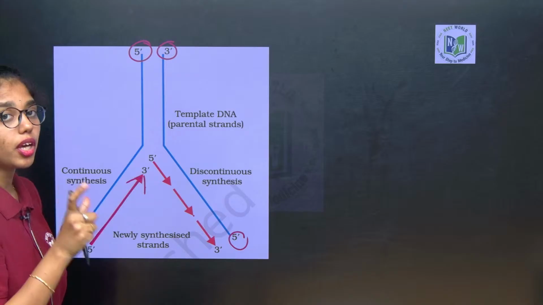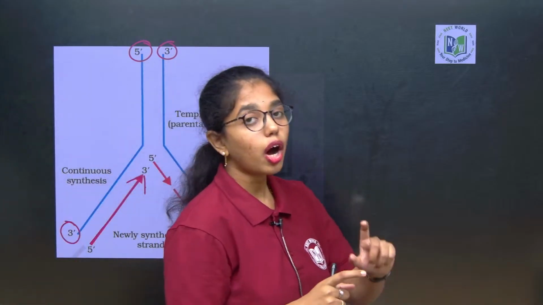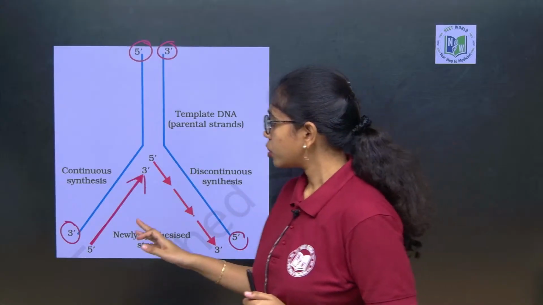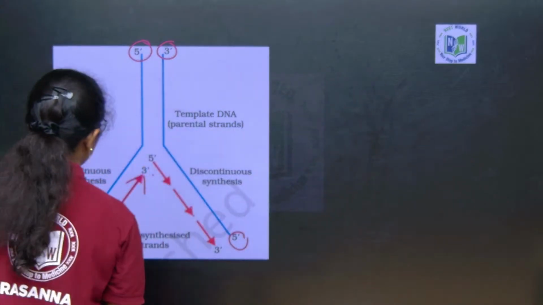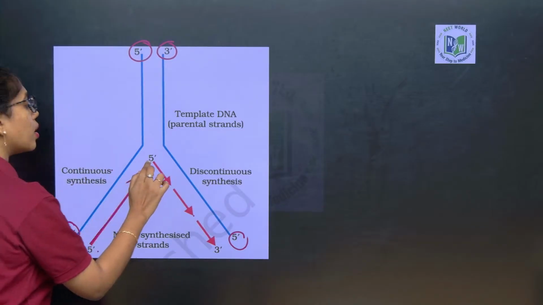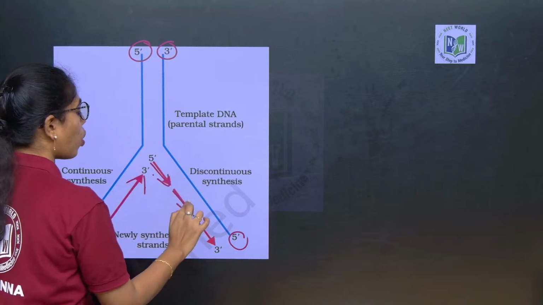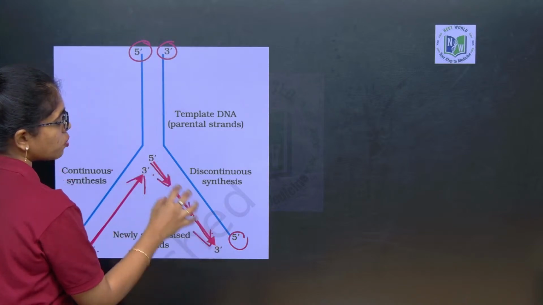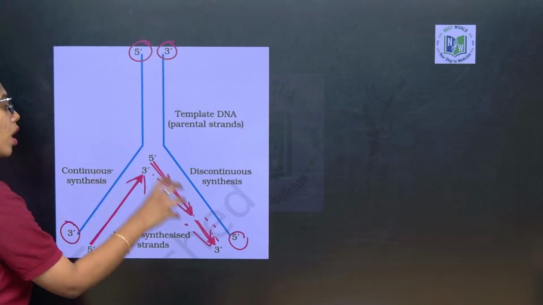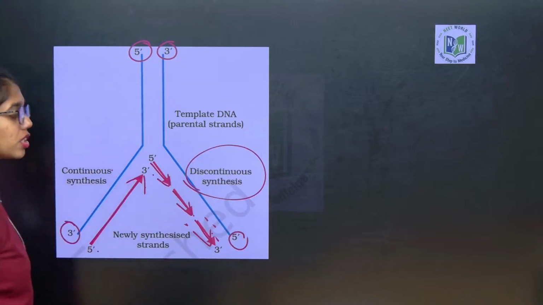Always keep in your mind, beta, synthesis of DNA or RNA is from 5 prime to 3 prime only. So leading strand is towards the replication fork, lagging strand is away from the replication fork. So lagging strand will form Okazaki fragments. The small RNA primers, those are what? Okazaki fragments. They are formed in a discontinuous fashion.